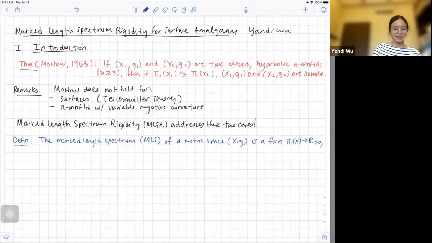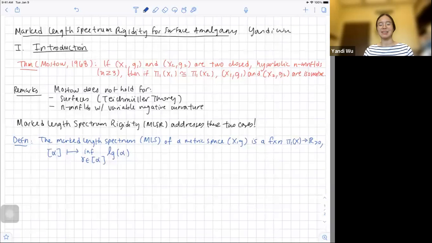It sends every homotopy class of curves to the infimum of lengths of curves in that homotopy class. So you take a homotopy class and pick out a curve of the shortest length, and the length of that curve is the marked length spectrum of the homotopy class.